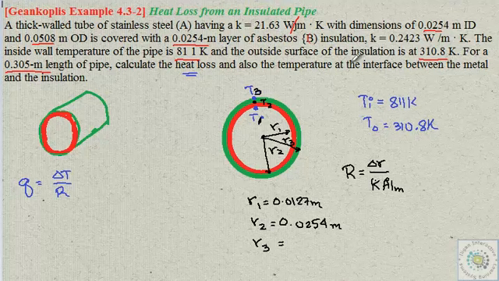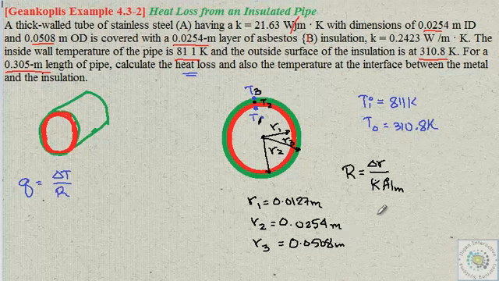It says here that it's being insulated with a thickness of 0.0254 meters layer of asbestos, adding to it. Wow, it's quite thick, right? The drawing really is not drawn to scale, but R3 will now be equal to 0.0508 meters.